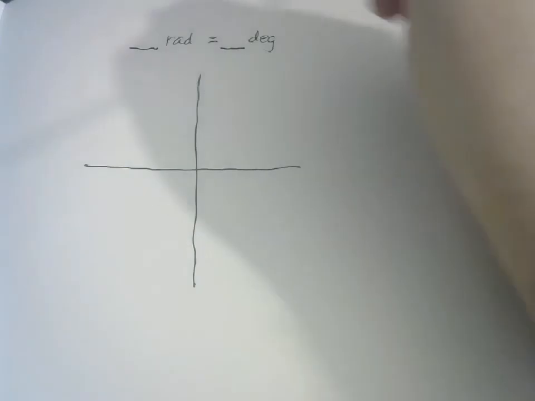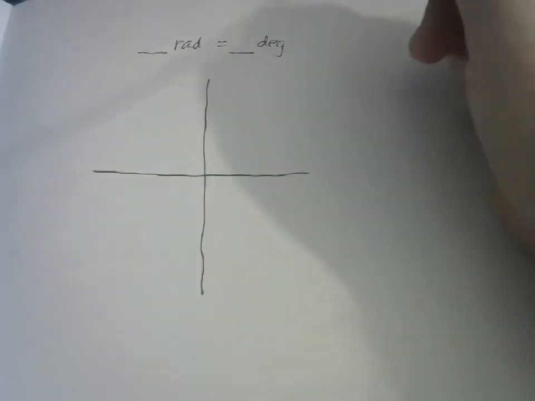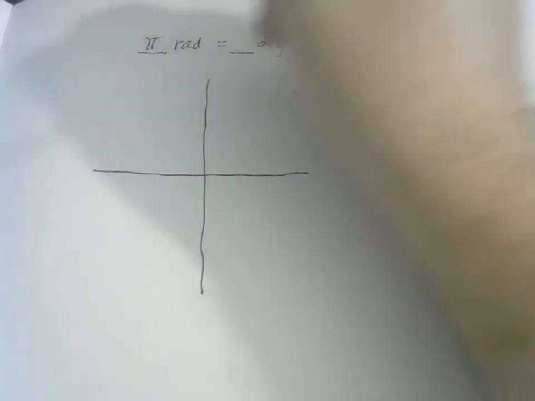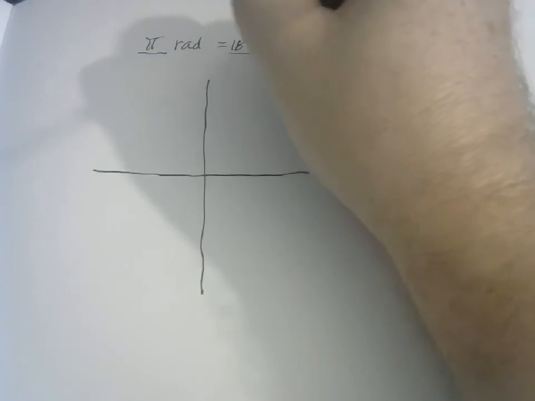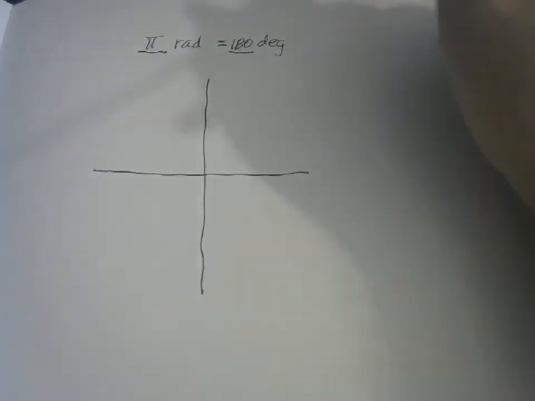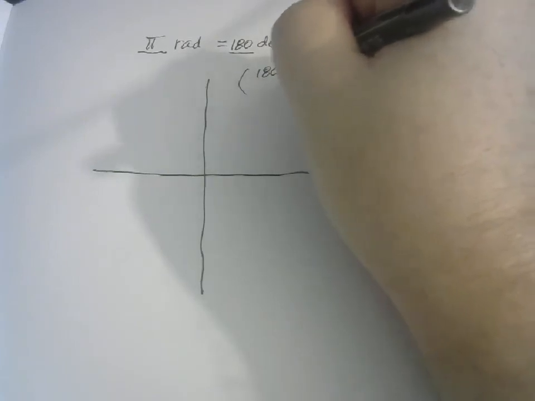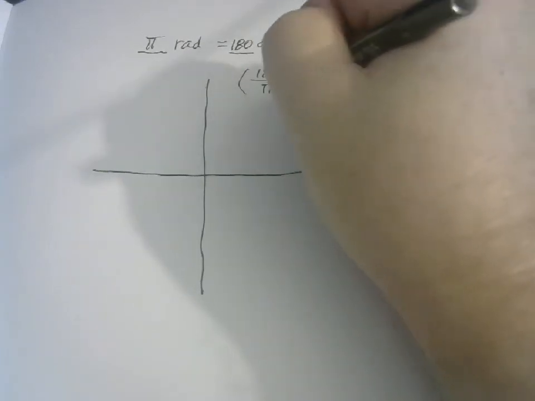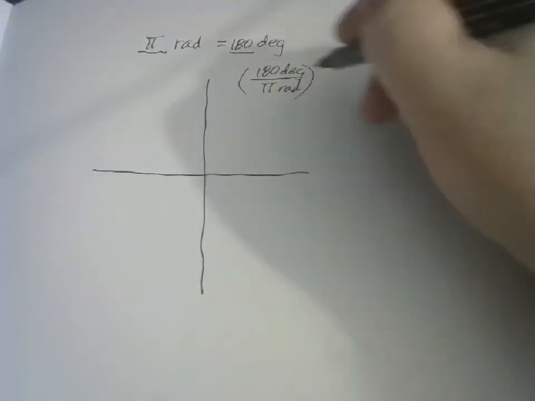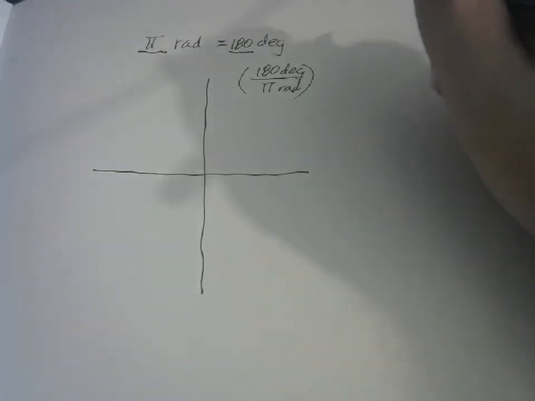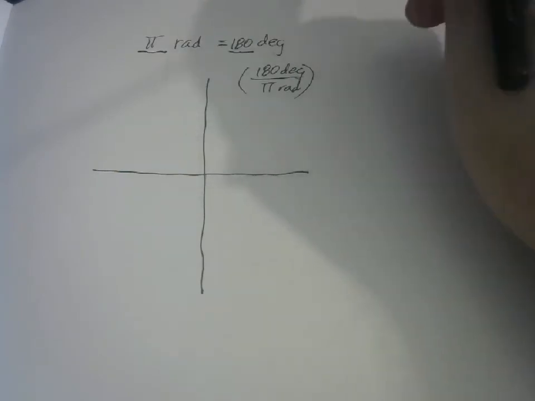You can use this ratio: pi radians is equal to 180 degrees. So you can use a conversion factor of 180 degrees over pi radians to convert from degrees to radians or from radians to degrees. Or you can find the setting in your calculator that lets you set which one you want to use.